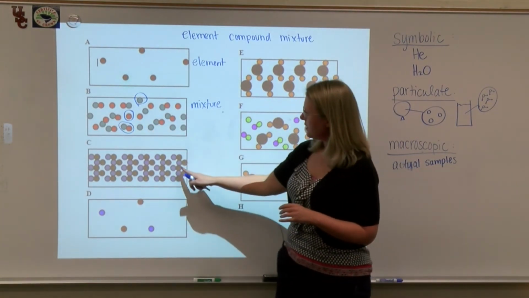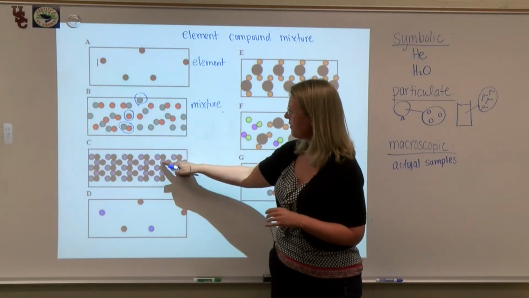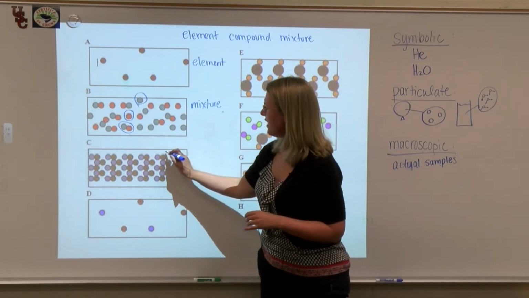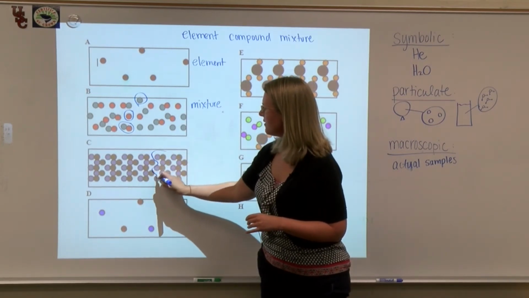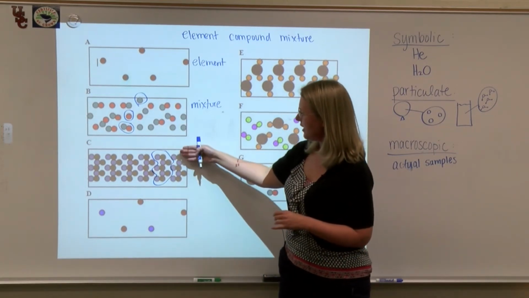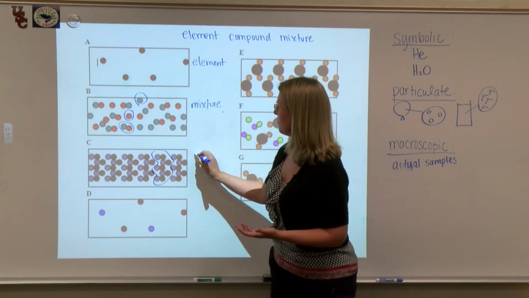All right. This next one you can see is probably a compound. They're all attached together there. Your students will probably look at this and see, okay, there's one substance, right? It's all connected together. Here it is again, but it's exactly the same as this one, so it would be a compound.